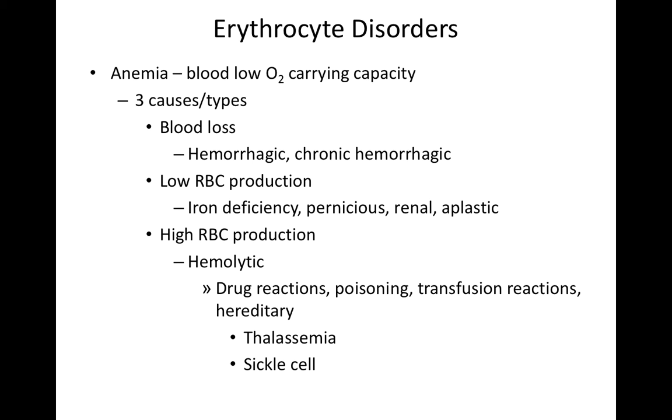Sickle cell anemia also falls into this category. This is another genetic condition. So this is a recessive condition that causes the shape of the hemoglobin to change under low oxygen conditions, and that is going to create significant issues and what are called sickle cell crises in individuals that have that.